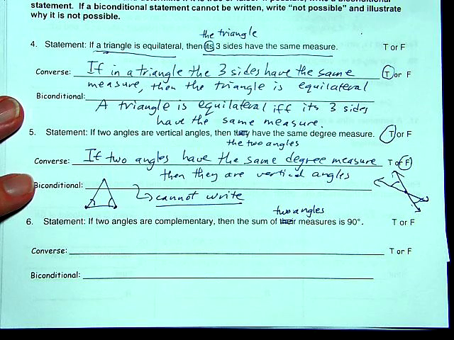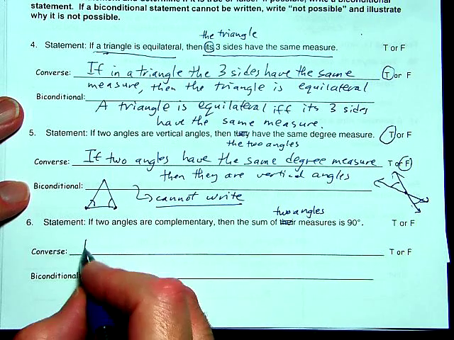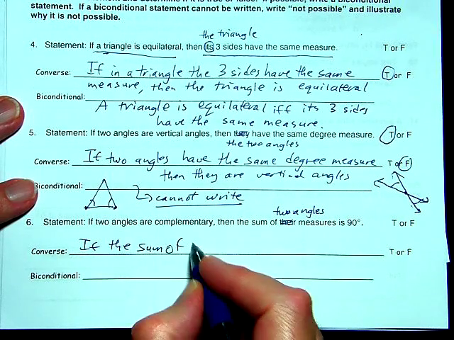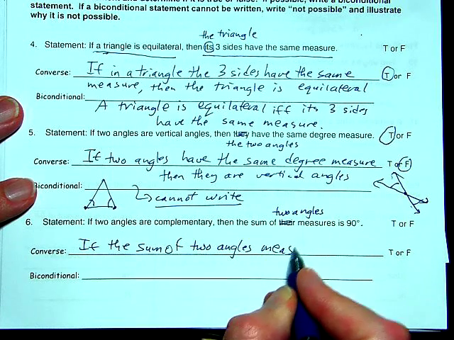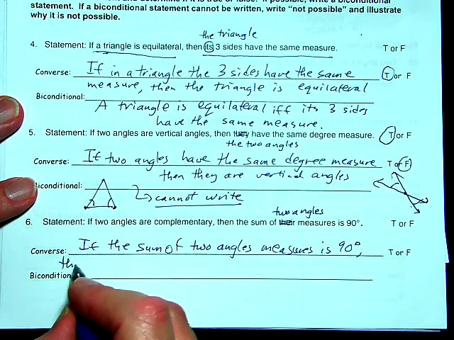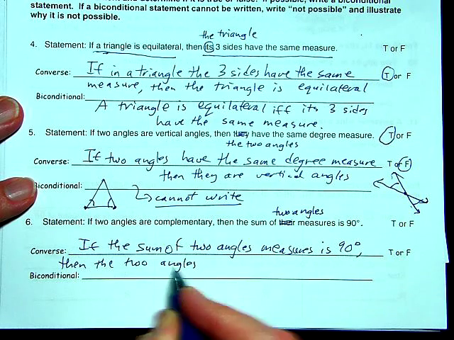Let's write the converse. If the sum of two angles' measures is 90 degrees, then the two angles are complementary.